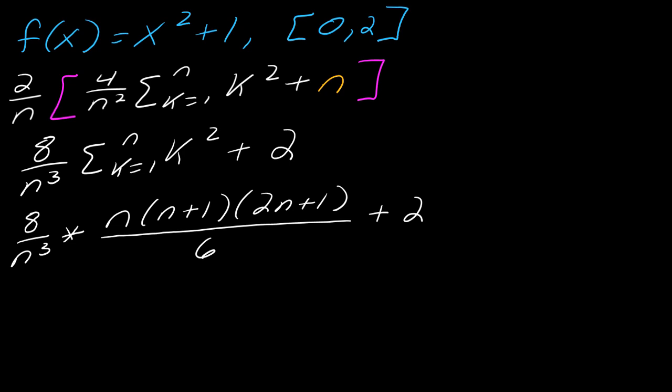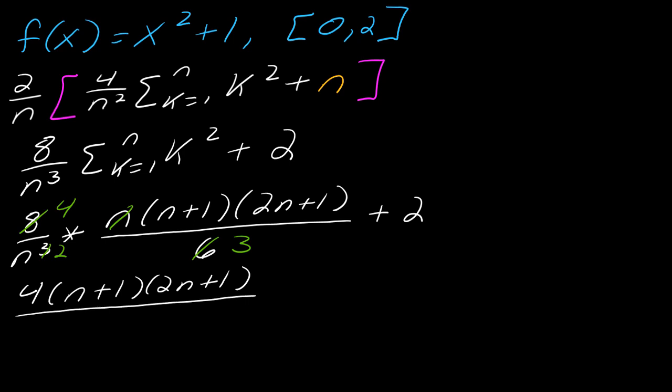Okay, so I want to cancel out this n with one of these, and I don't want to do too much because I can get lost in my work. So I'm just going to divide the top and bottom by 2 so I can rewrite this part. So this becomes 4 times n plus 1 times 2n plus 1 on top, and in the bottom, this is over 3n squared, all of that plus 2.